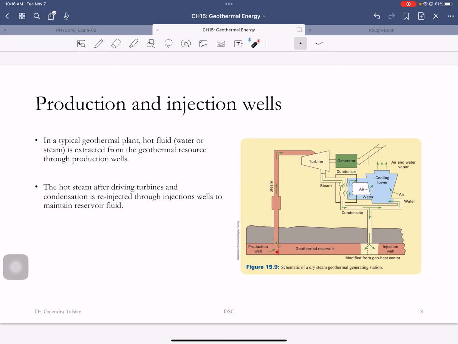You pour cold water, bring up the hot water. The steam turns a turbine, which turns that piece of wire between magnets, and you produce electricity. And then you have to replenish that with cold water. So this is the production well, and this is the injection well. The injection well is where you're putting back the cold water.